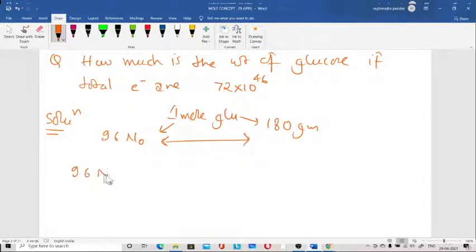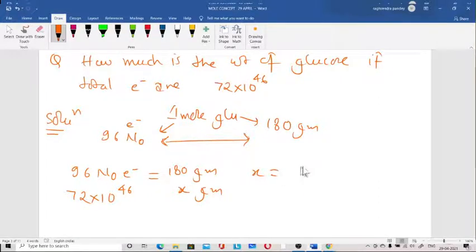Okay, 96 N naught electrons is equal to 180 gram. You have 72 into 10 to the power 46 is equal to x gram of glucose. So that will be your x.